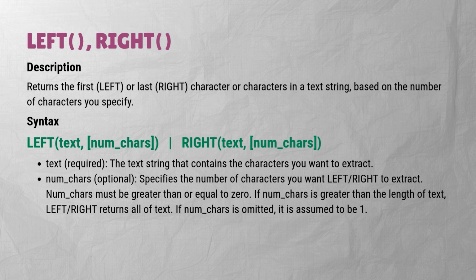This is how many characters we want to extract. It has to be 0 or above, a positive number. And if it's more than the length of the text, we're just going to get the entire text. And if we don't provide it, remember num characters is optional, then the function will just return the first character, assuming that it's 1.